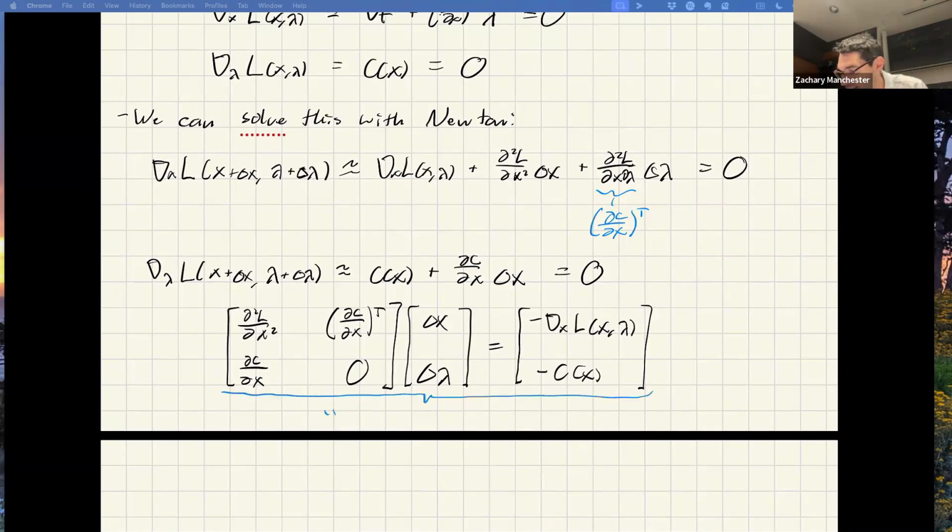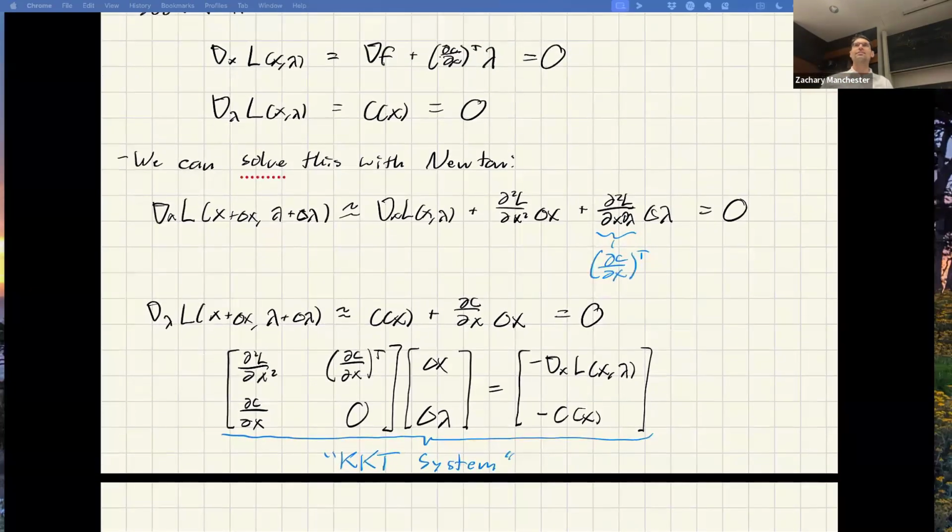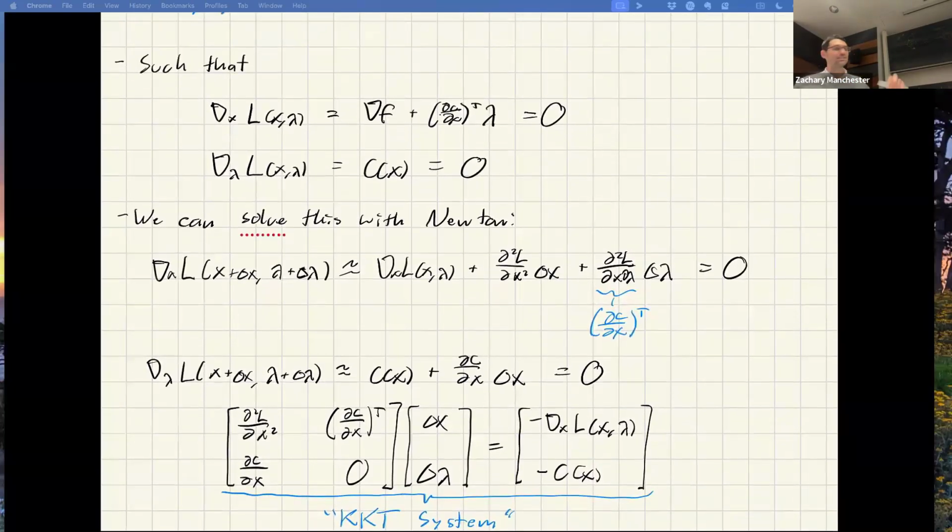So this is called a KKT system. I haven't told you why that's what it's called yet, but that's what it's called. Does anyone know what KKT stands for? Yeah, so this is Karush-Kuhn-Tucker. It's a bit of an abuse to call this a KKT system.